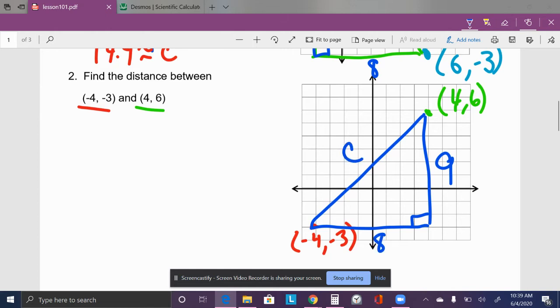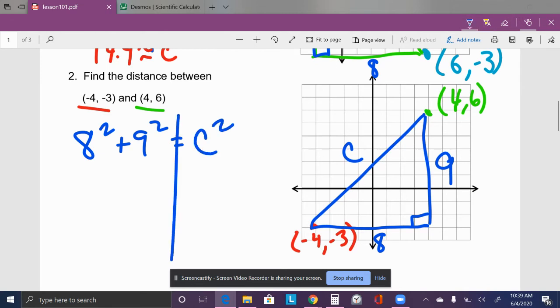So we have 8 squared plus 9 squared equals c squared. 8 squared is 64. 9 squared is 81. So we have 64 plus 81. It's 155.